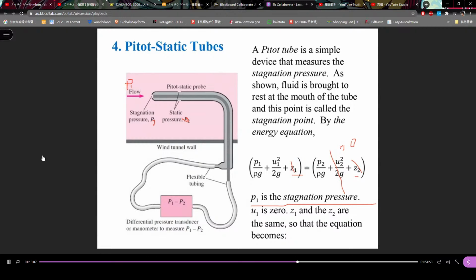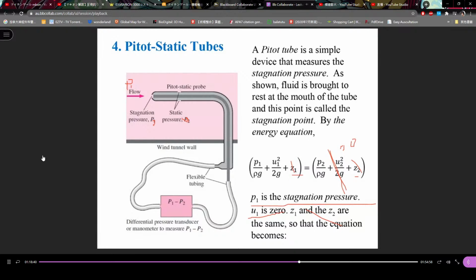P2 is the stagnation pressure. Later, let's check it. U1 is 0. Z1 and Z2 are the same, so that the equation is different. I think this is U1 is 0. U2 is 0. Let's check. Let's say U2 is 0. I will change the writing.